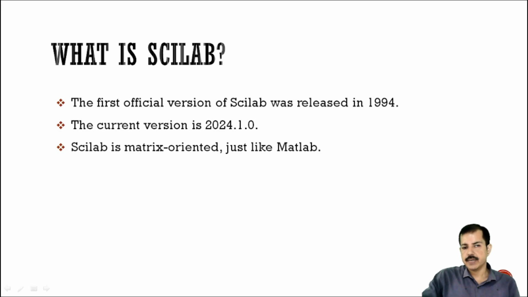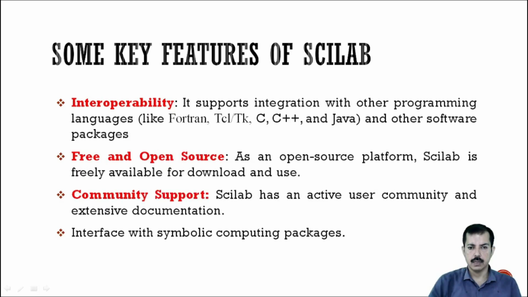Scilab is matrix oriented, just like MATLAB. Some other key features of Scilab: interoperability. It supports integration with other programming languages like Fortran, Tcl/Tk, C, C++, Java, and other software packages. It provides a wide range of applications and workflows. It is free and open source in nature. As an open source platform, Scilab is freely available for download and use.